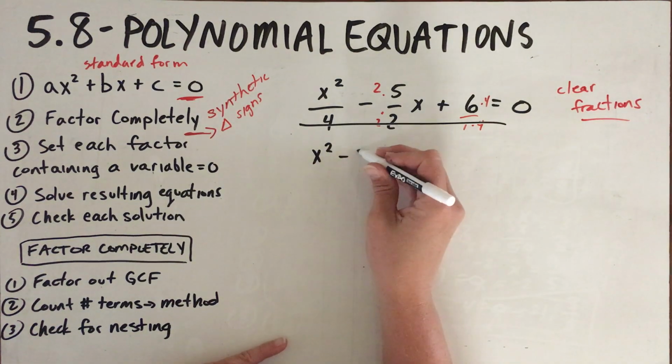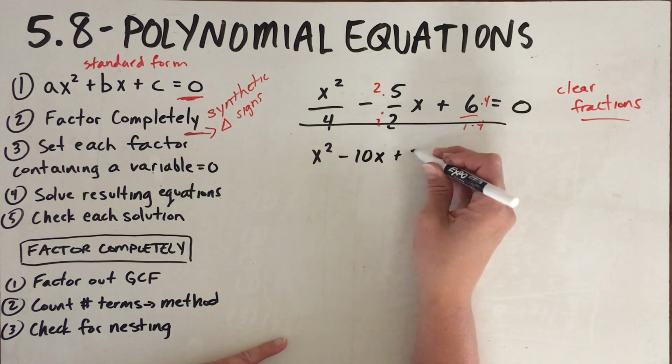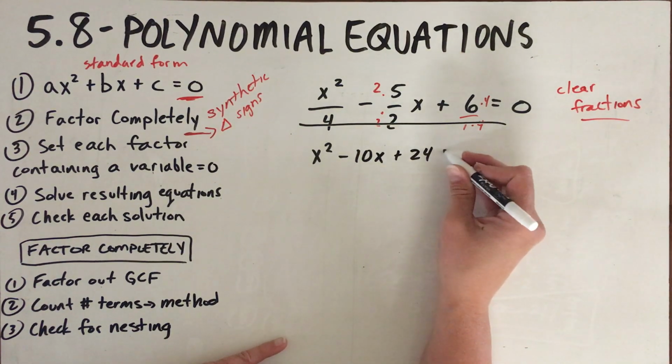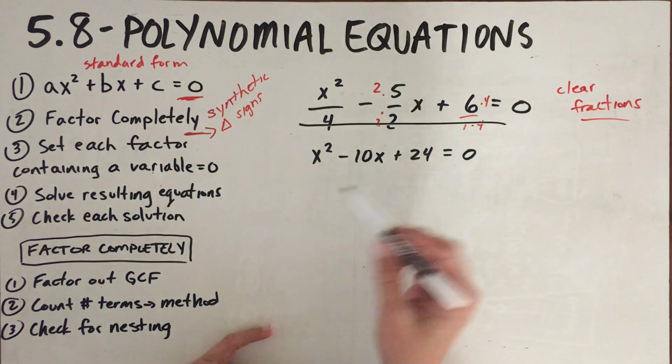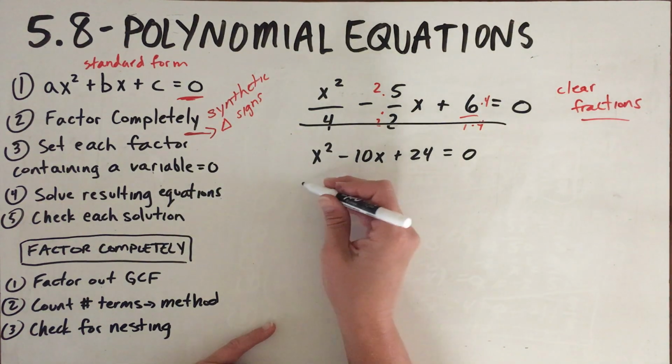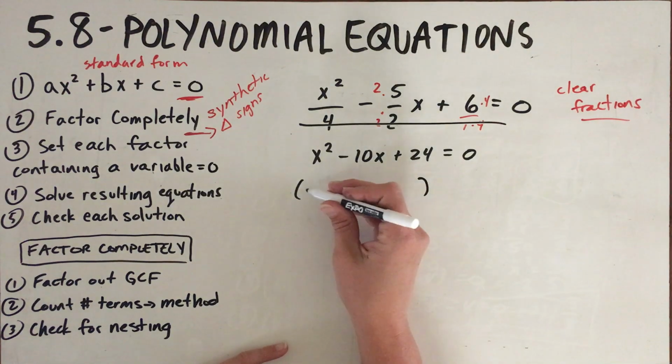x squared minus a 10x plus 24 is equal to 0. Okay, so this is a 3-term polynomial with coefficient of 1 with no GCF, so I'm using Hippobuts.